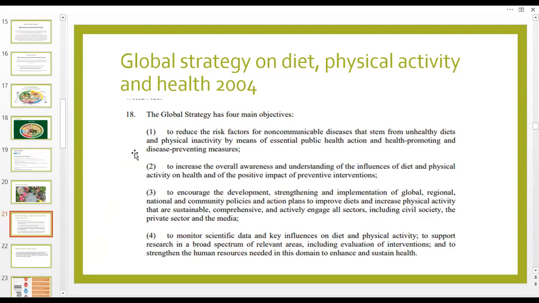So the WHO is recommending that you should eat healthy diets, and physical activity should be a part of daily routine to reduce the non-communicable diseases.